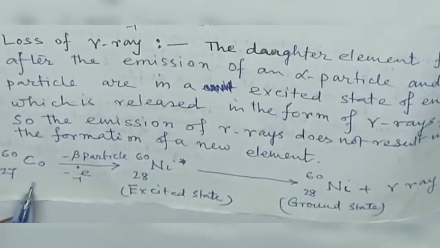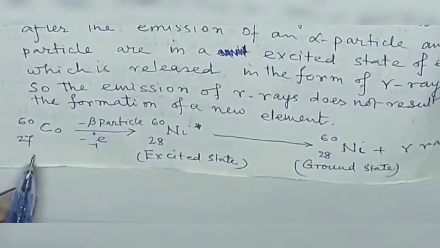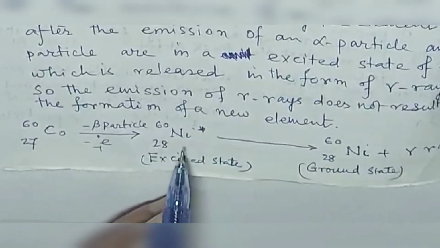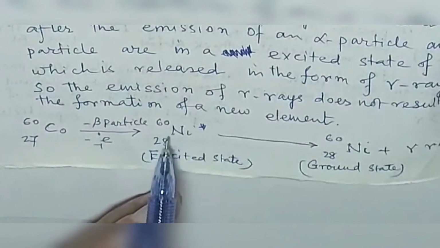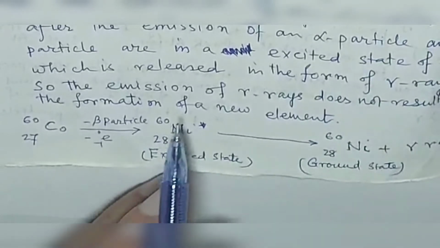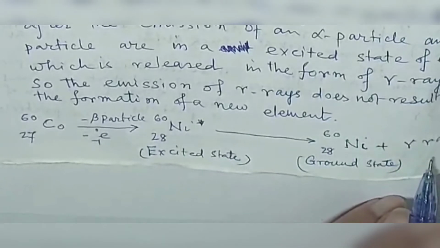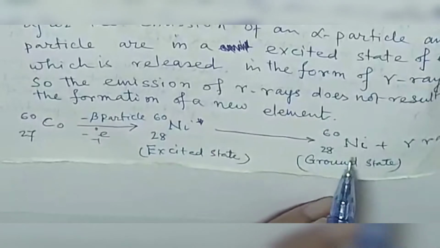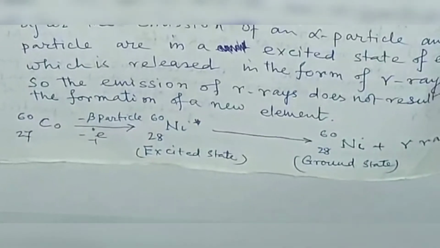Let cobalt-60, with mass number 60 and atomic number 27. When it emits a beta particle, it becomes nickel in an excited state, with mass number 60 and atomic number 28. This excited state releases the extra energy in the form of gamma rays, and this excited nickel becomes the normal nickel-60, 28 in the ground state.